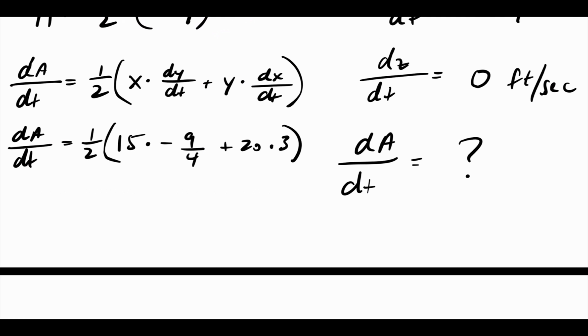So now I have enough information where I can figure out the rest. So let's see. 15 times negative 9/4. 15 times 10 is 150. So 135. So negative 135 over 4 plus 60.